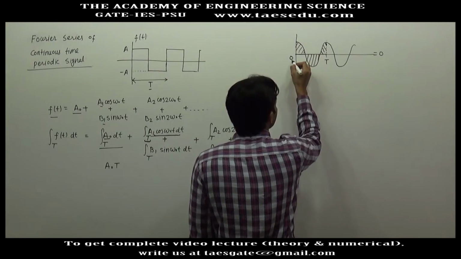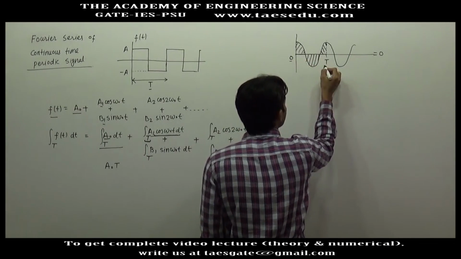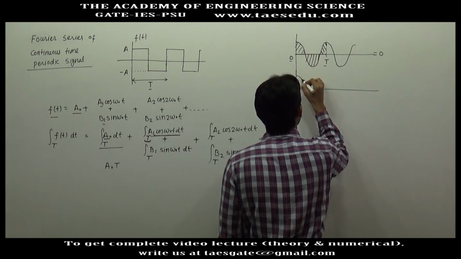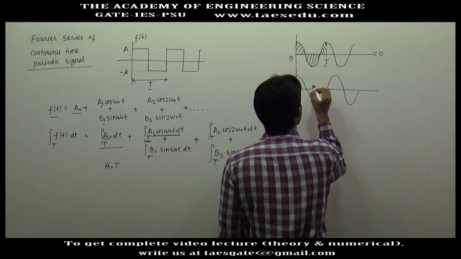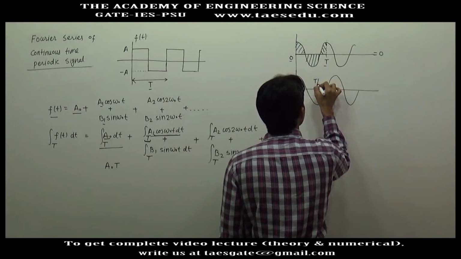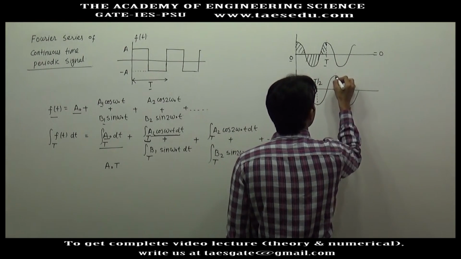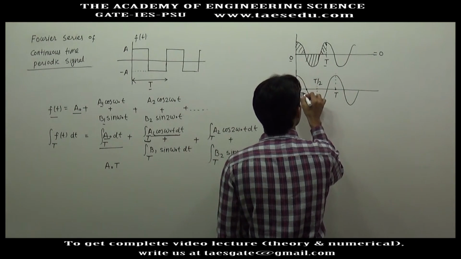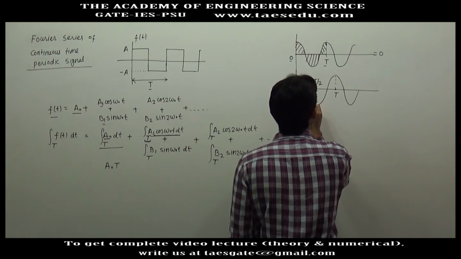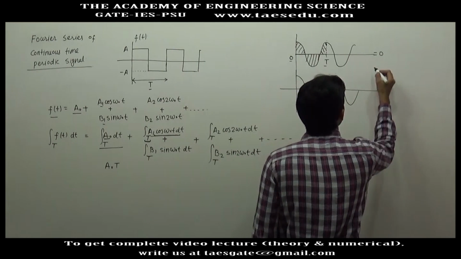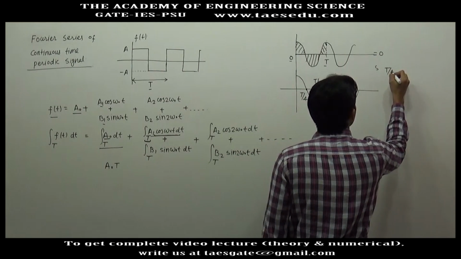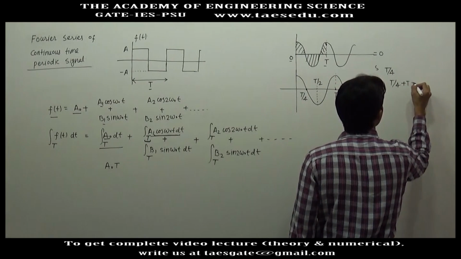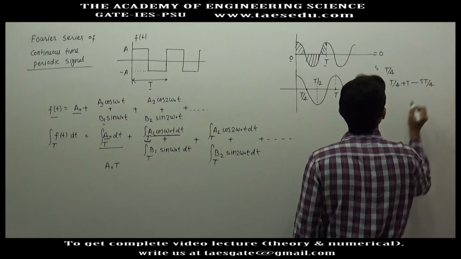It is not necessary that you integrate from 0 to T only. Again I am drawing a cos function, and let's say this is T by 2 and this is T by 4. If you integrate starting from T by 4, and add T to this T by 4, you will get 5T by 4.